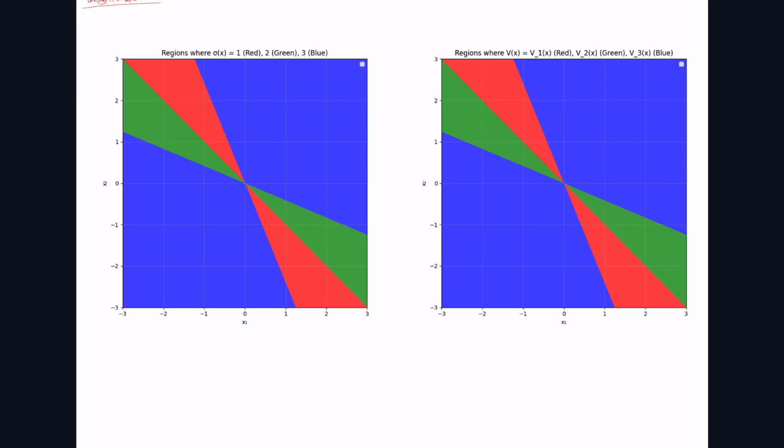Given we have 3 regions, when it is red, V1 is active, green V2, and then blue V3. And here's the situation: they match exactly.